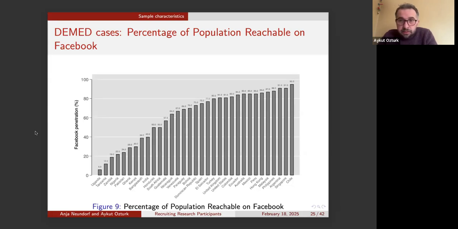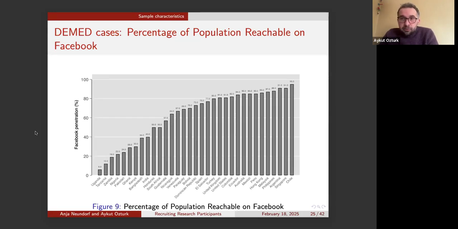On the other hand, Argentina, very good scores. Peru, very good. On the other hand, in African countries, you see that the population that is reachable on Facebook gets very small. And the conclusion is easy. In African countries, it will be so much more difficult for you to get a sample in which you can get closer to population benchmarks.